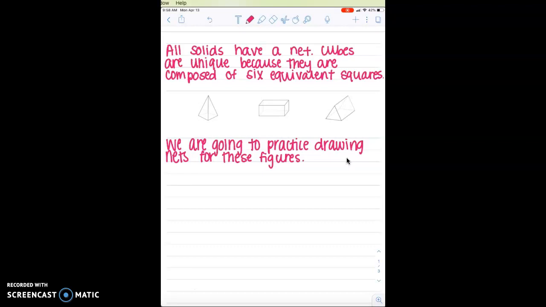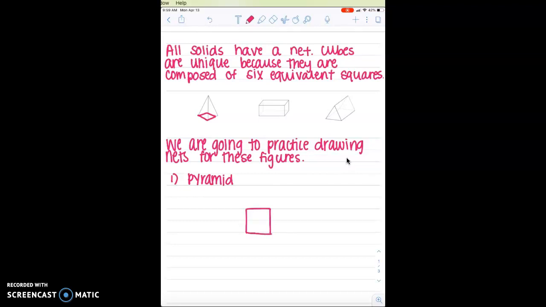So the first one we're going to look at is a pyramid, or a square pyramid. And as you can see, I'm outlining the base, and I'm doing that to make sure that I start with that square base when I'm drawing the net. So normally when you draw a pyramid, you're going to want to start with the base. So I'm going to go ahead and draw a square because that is the base of the pyramid. So there's my square.